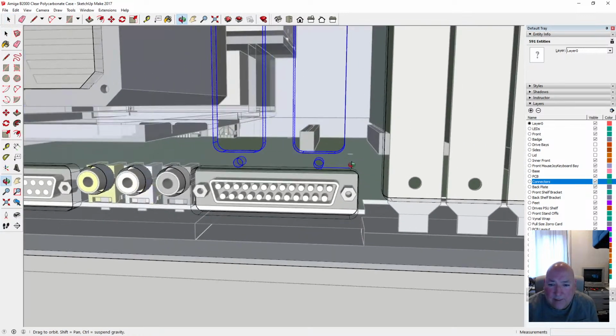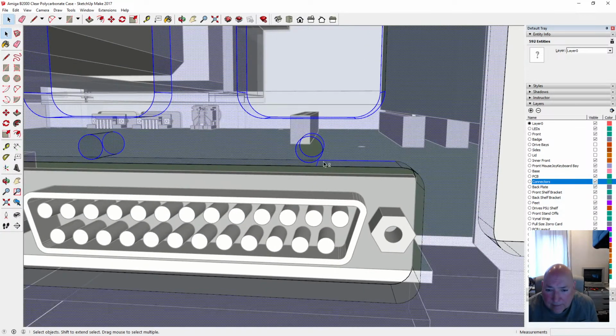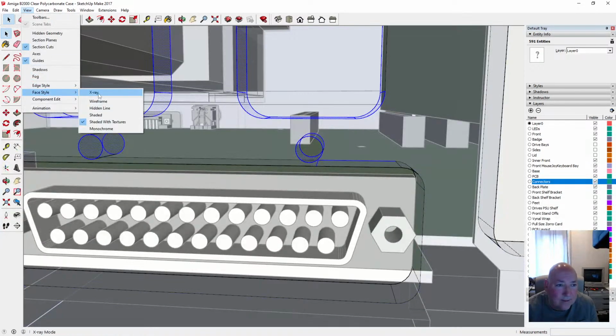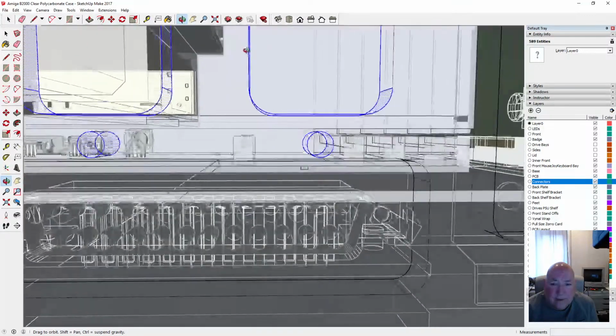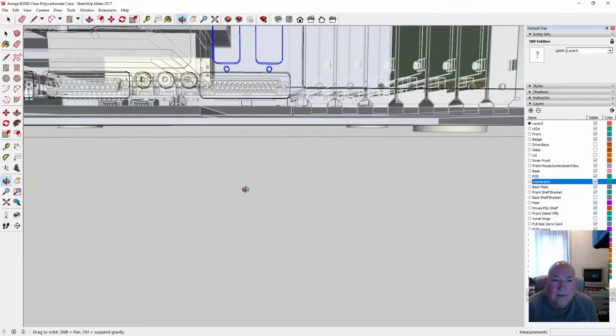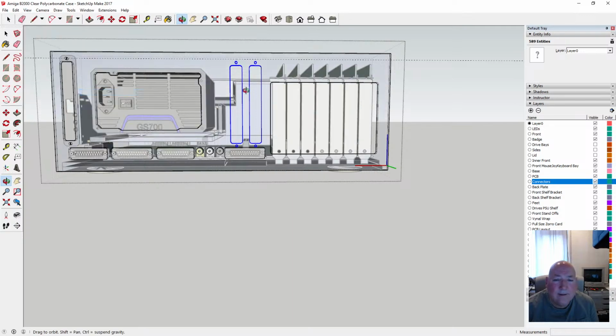Grab what we can without grabbing anything extra. Oh, we need X-ray mode. So we've got nothing extra. Yeah, okay. Now we don't need X-ray mode any longer.